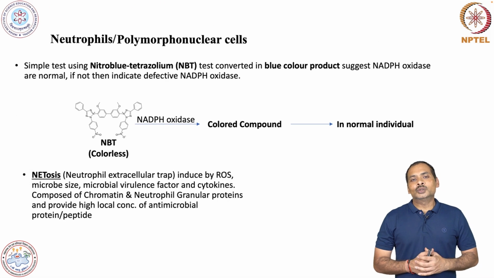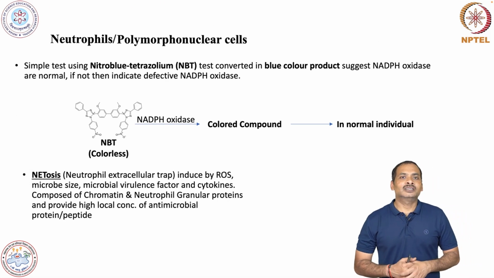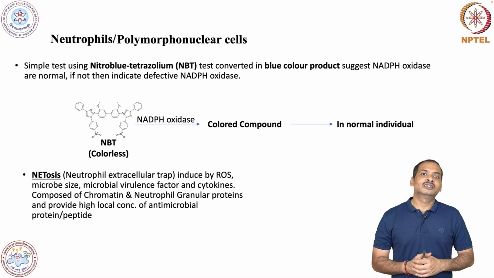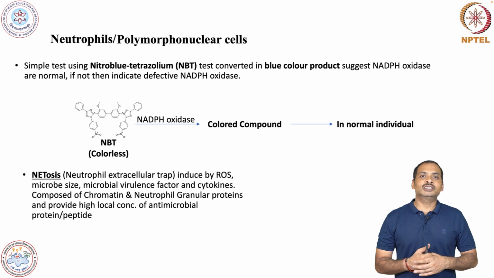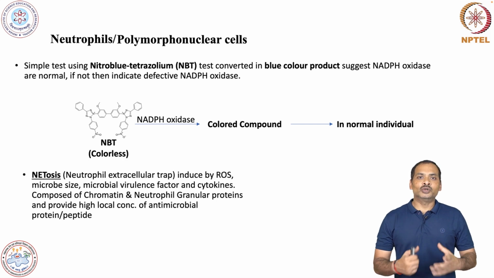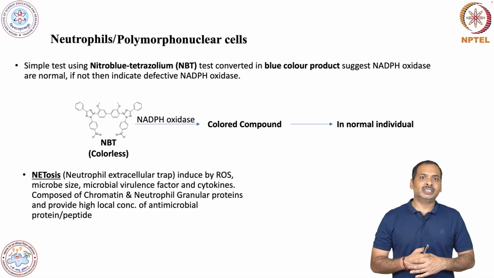Okay. So, one very important thing, how we assess the function of NADPH oxidase. NADPH oxidase is very pivotal and key for the function of neutrophils or any phagocytic activity.